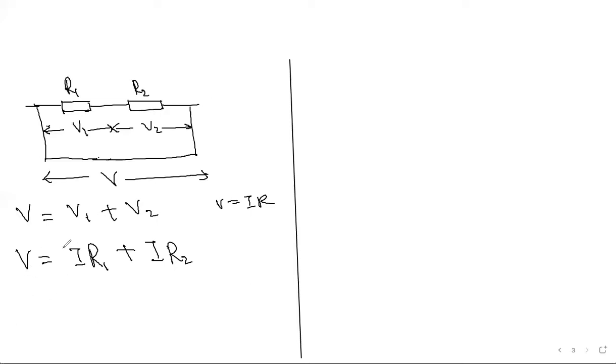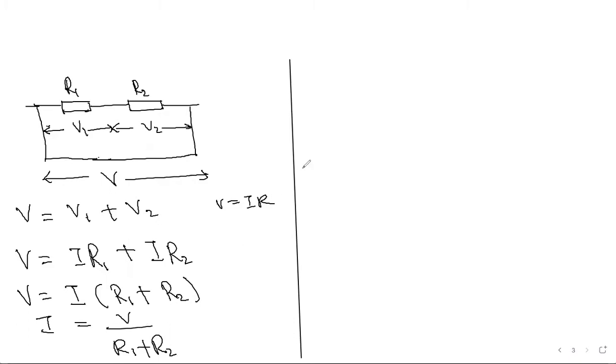So now I want to share the voltage V. What can I do here? I can factorize the I, the current, that is common to them. So V will be I into R1 plus R2. And we make I the subject. I will be V over R1 plus R2. But I know that V1 is I R1, and V2 is I R2.